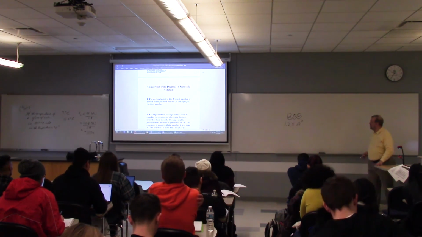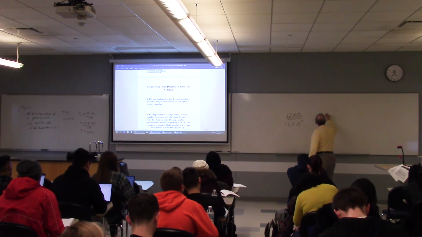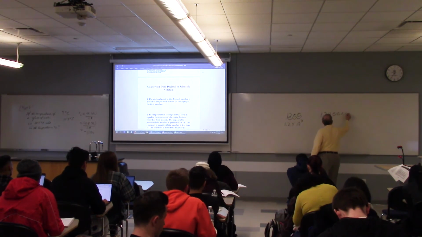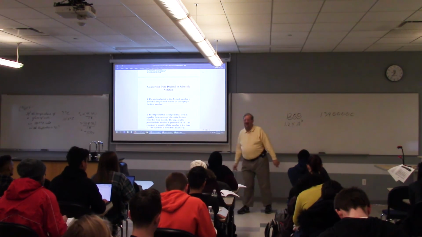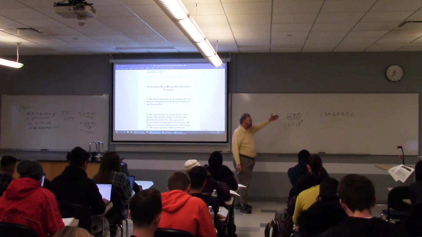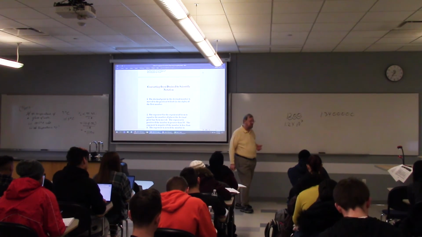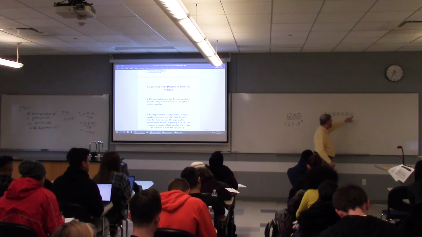Let's try another one of these. Now this is a much bigger number. And the question is, write the following in scientific notation. How do you do that? If there were a decimal point, it would be here.